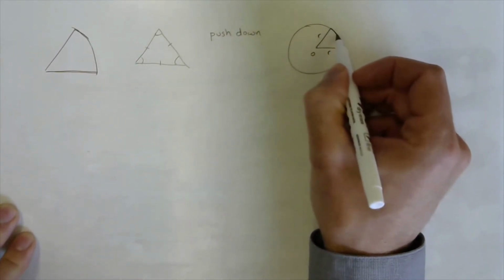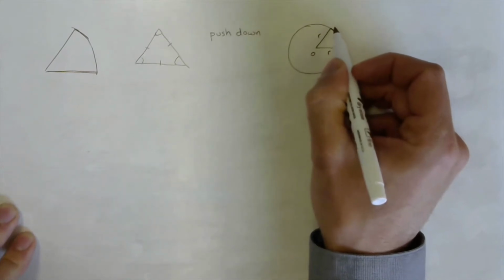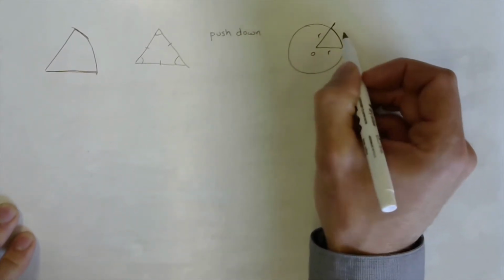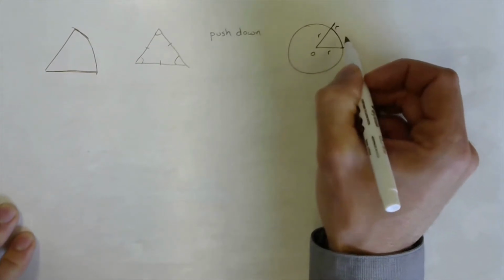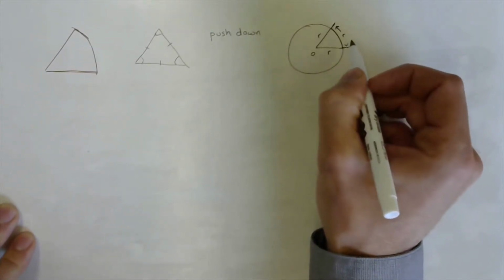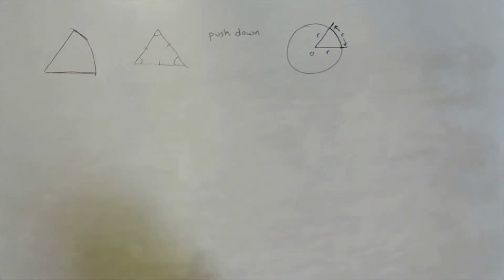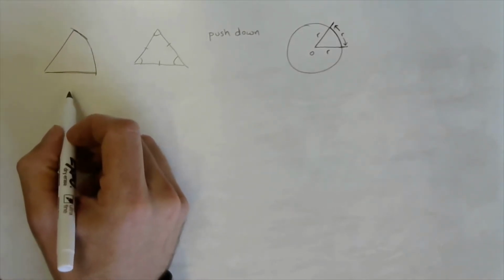The arc from here to here also has a length of r. The arc length is the same as the radius. Everything else is labeled on your diagrams, so we can take a few notes.